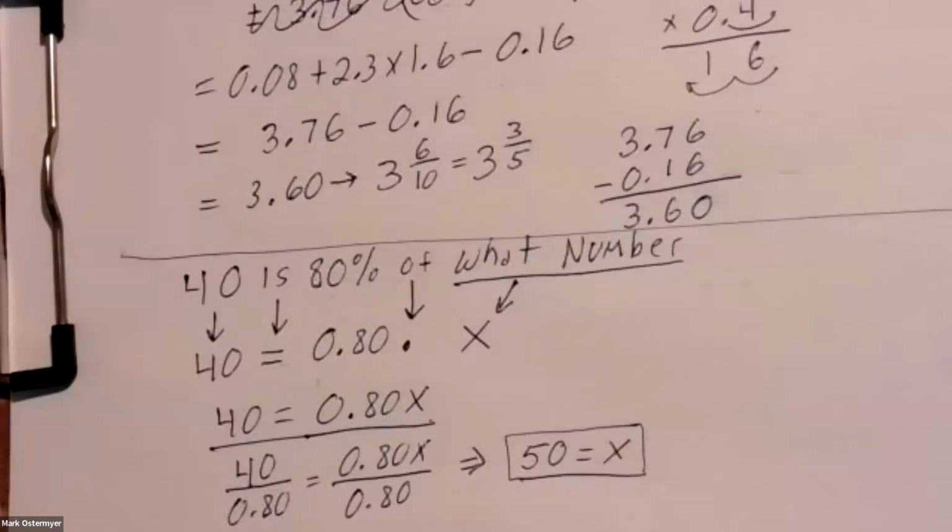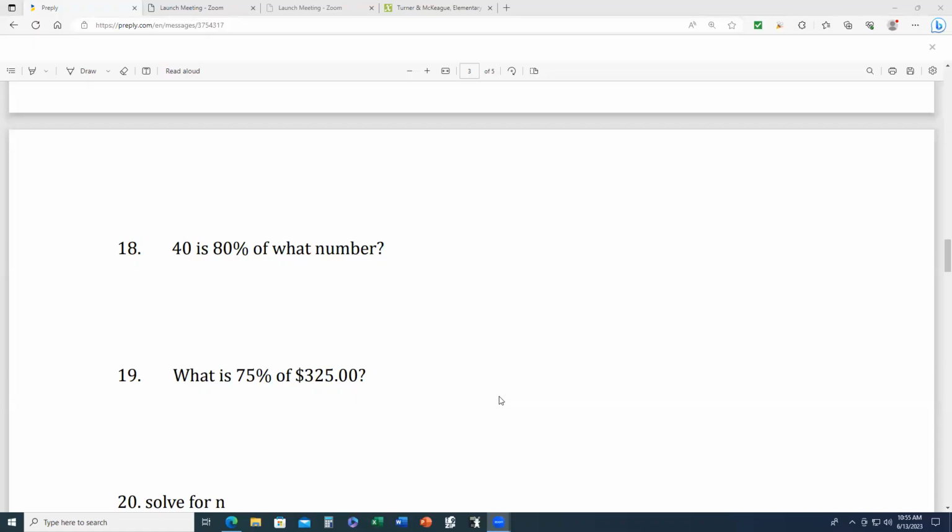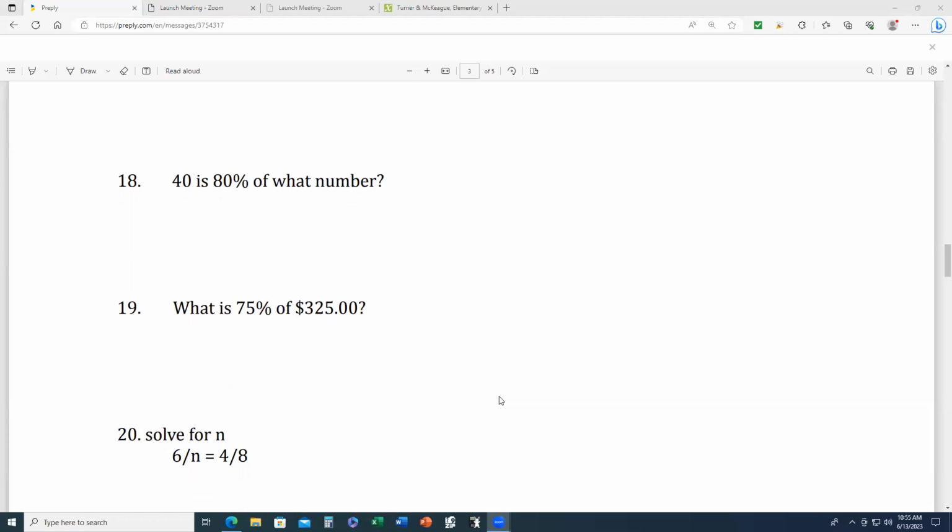And then number 19. What is 75% of $325? All right, well, let's take a look at this. It says, what is? Now, what is means X, right? Because we don't know.